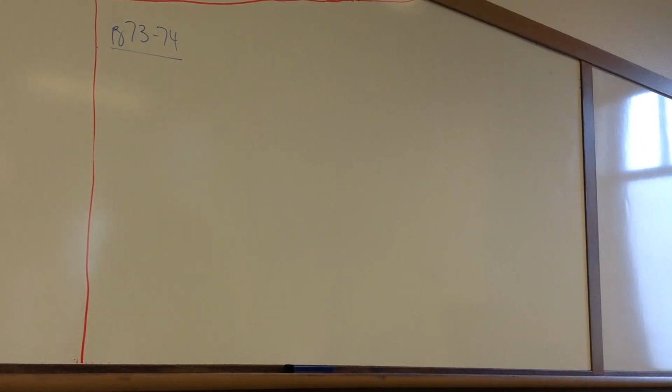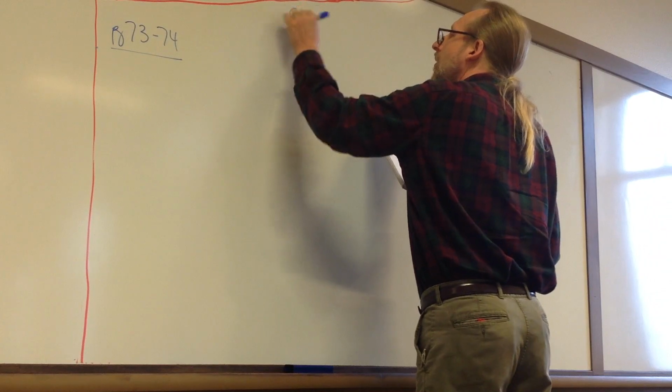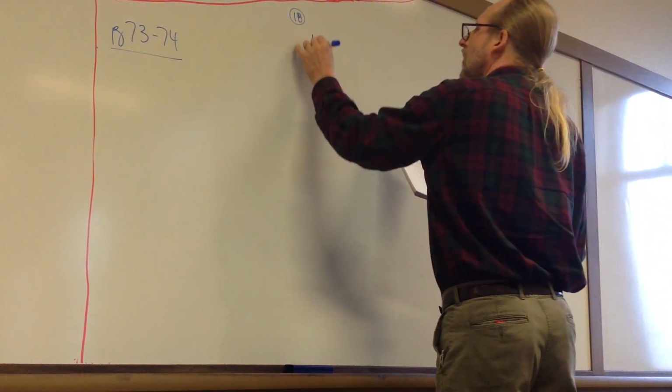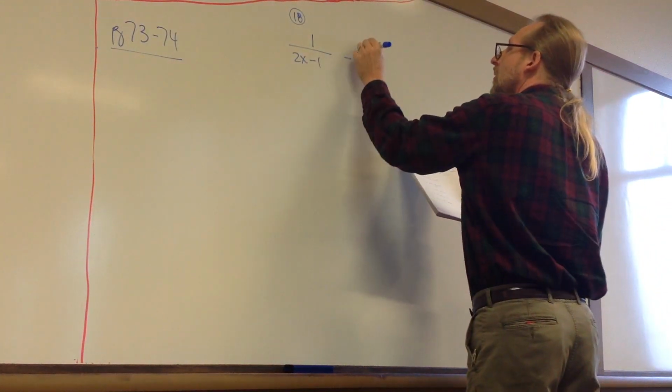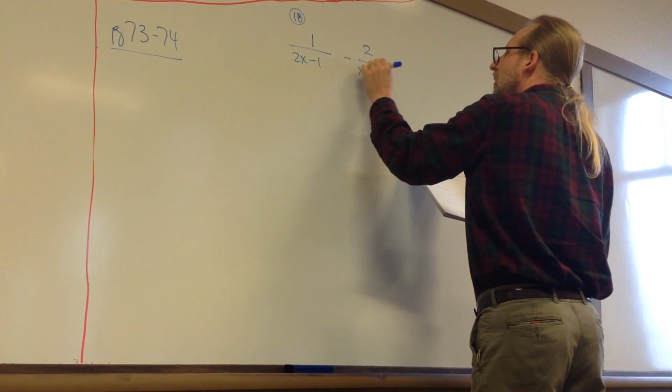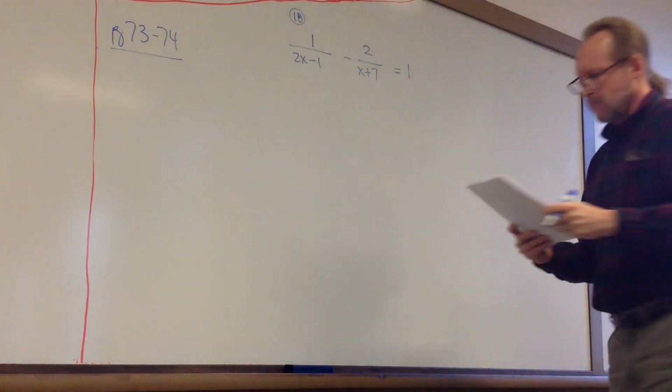All right, problem 18 starts out 1 over 2x minus 1 minus 2 over x plus 7 equals 1.